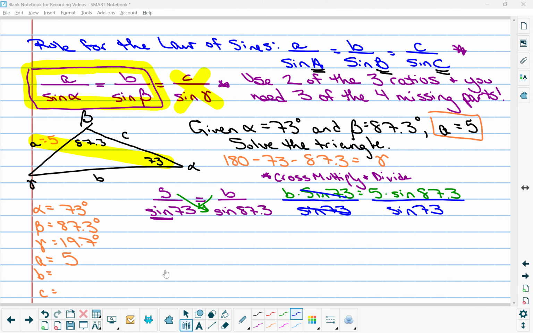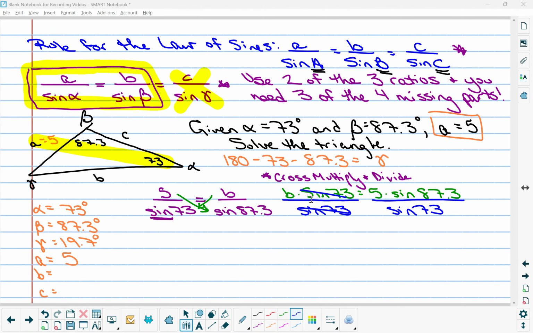If you type it out, make sure you put a parenthesis. And then 87.3, I would make sure you physically close it. And then you can arrow down or click down there. And I'm putting the sine of 73 on the bottom. Close the parenthesis, and you can see your answer over here. You get 5.222, and so on.